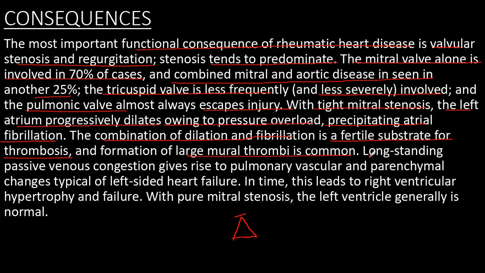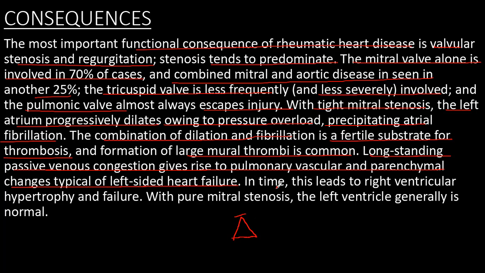Long-standing passive venous congestion gives rise to pulmonary vascular and parenchymal changes typical of left-sided heart failure. Because of that stenosis, there will be a backward failure, leading to features typical of left-sided heart failure, which include pulmonary edema, which worsens when the patient lies in a recumbent position, leading to paroxysmal nocturnal dyspnea.